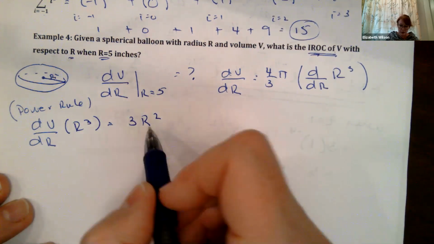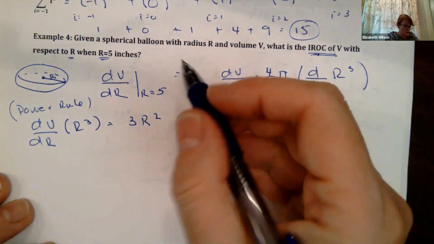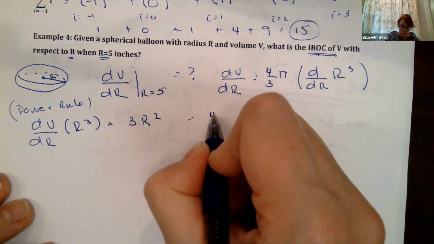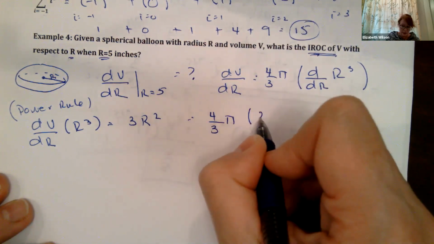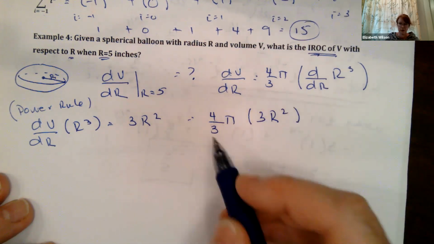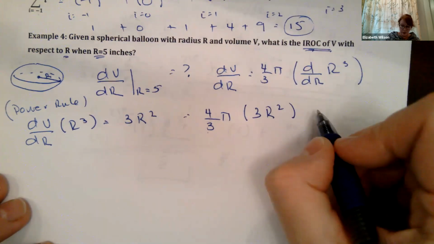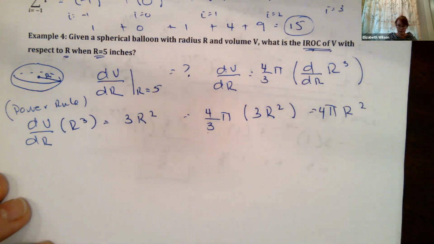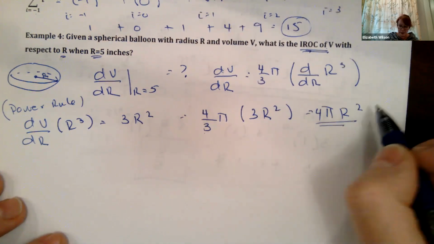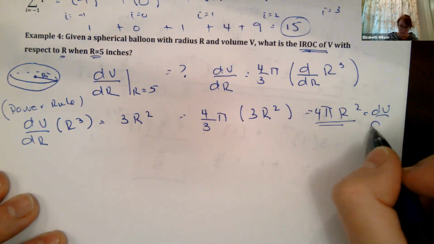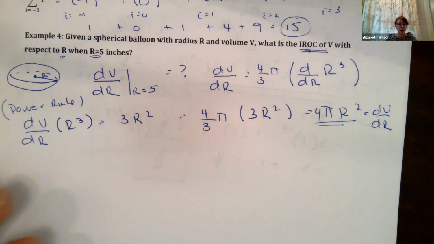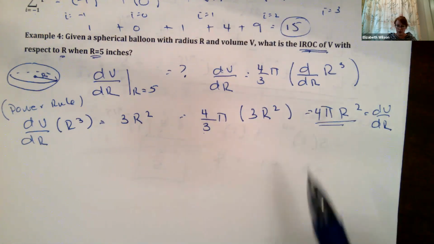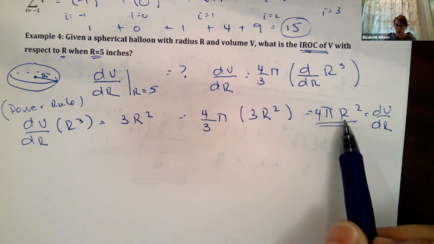So I take this and plug it back in. This is equal to 4/3 pi times 3 r squared. The 3's are going to cancel, so I'm left with 4 pi r squared as my dV/dr. My rate of change of volume with respect to radius is 4 times pi times r squared.